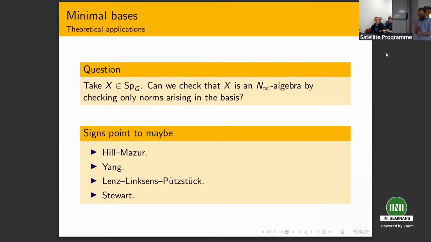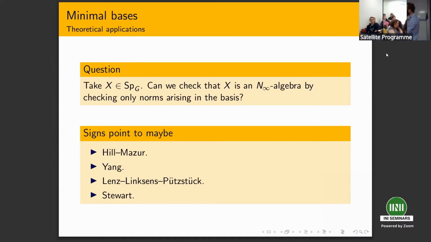So this work of Hiller from a while back, which I think has some pieces we need. Lucy Yang has some work which does it for CP, which makes me hopeful. The other day on the archive, there's this new paper of Lenz, Linksens, and Kuchtuk, which seems to basically verify this for the complete transfer system. So for genuine equivariant things, this doesn't seem completely crazy anymore.